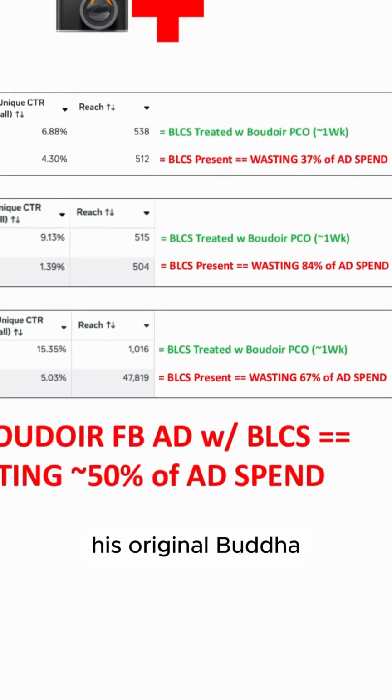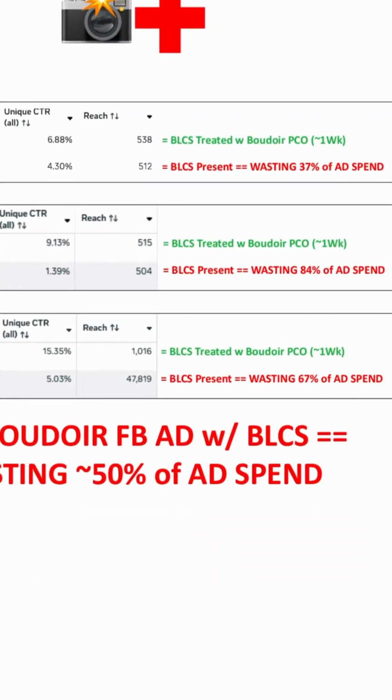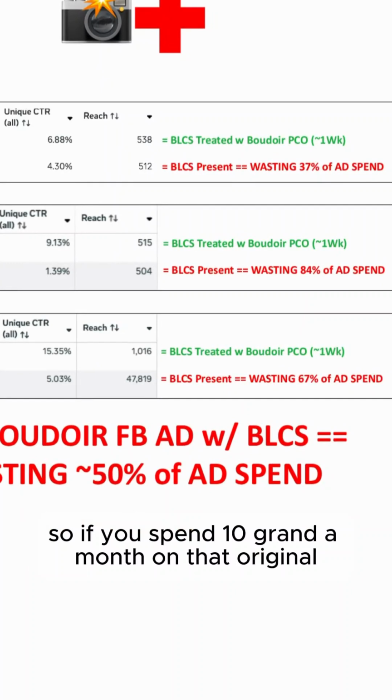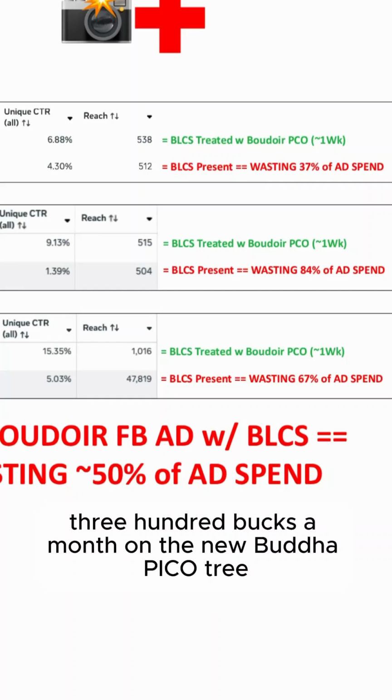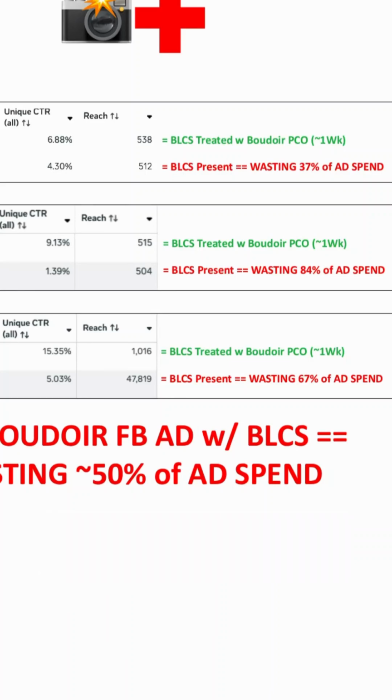So we found out his original Boudoir Facebook ad is wasting 67% of its ad spend. So if you spend 10 grand a month on that original, you now only need to spend $3,300 a month on the new Boudoir Pico treated ad to get it into the same number of women's brains.